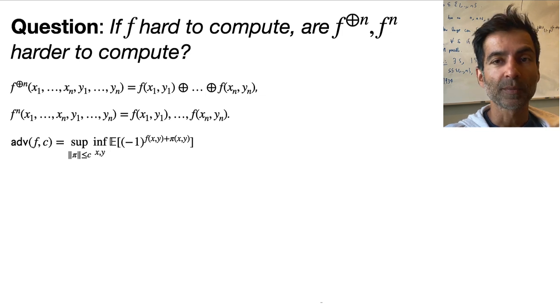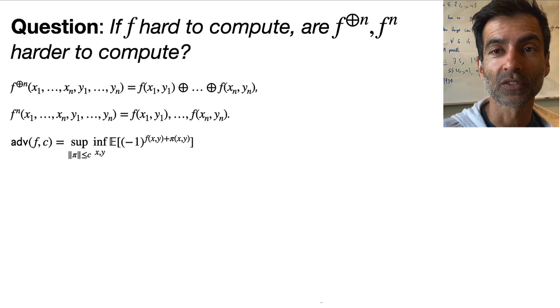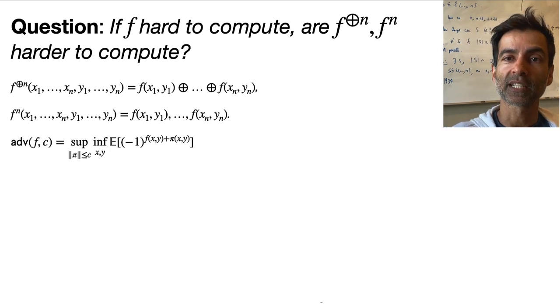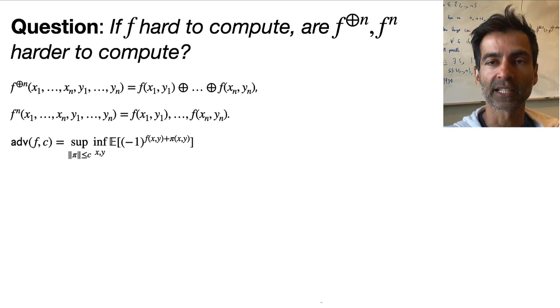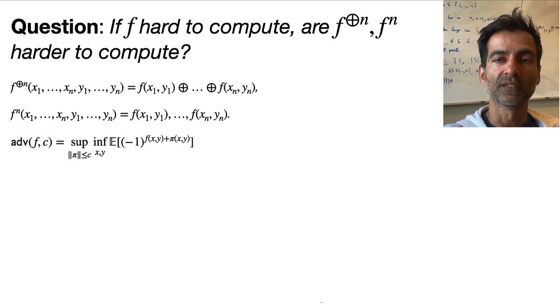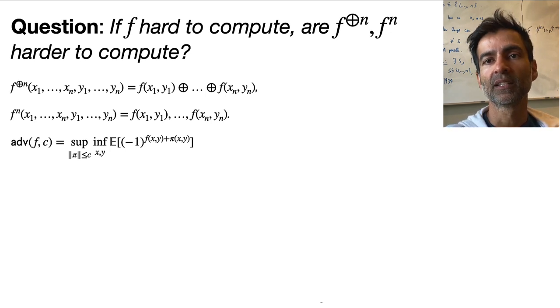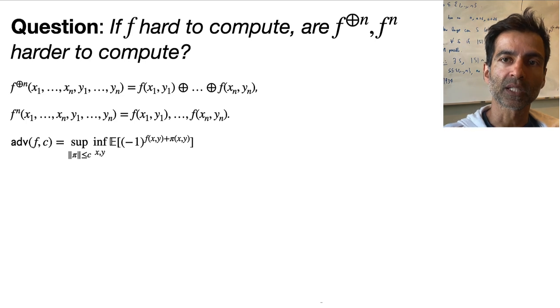But in general, what we're measuring here is what is the best protocol with C bits of communication? What can it achieve? How much correlation can it achieve with the value of f? The maximum advantage you can achieve is 1. So if the protocol computes f perfectly, then it would have an advantage of 1. So the advantage is a number between 0 and 1.